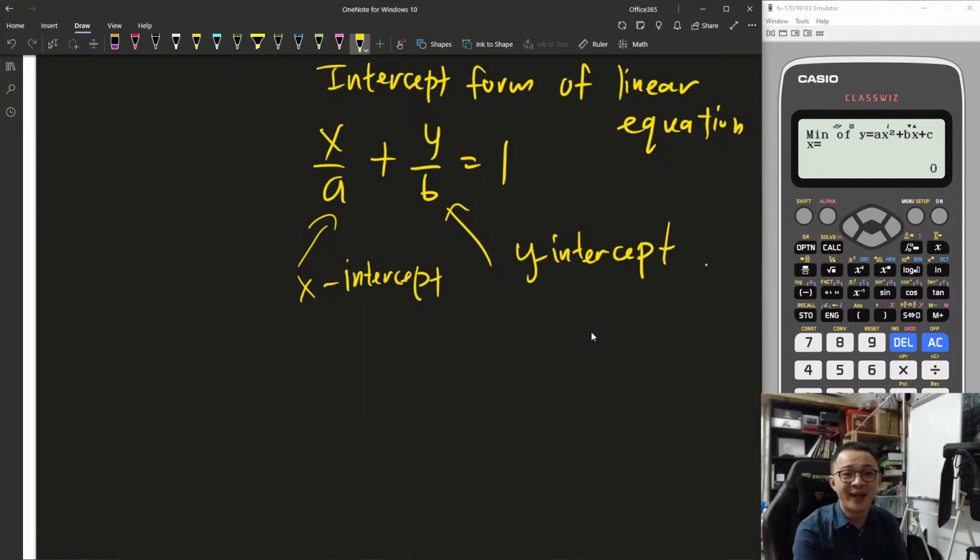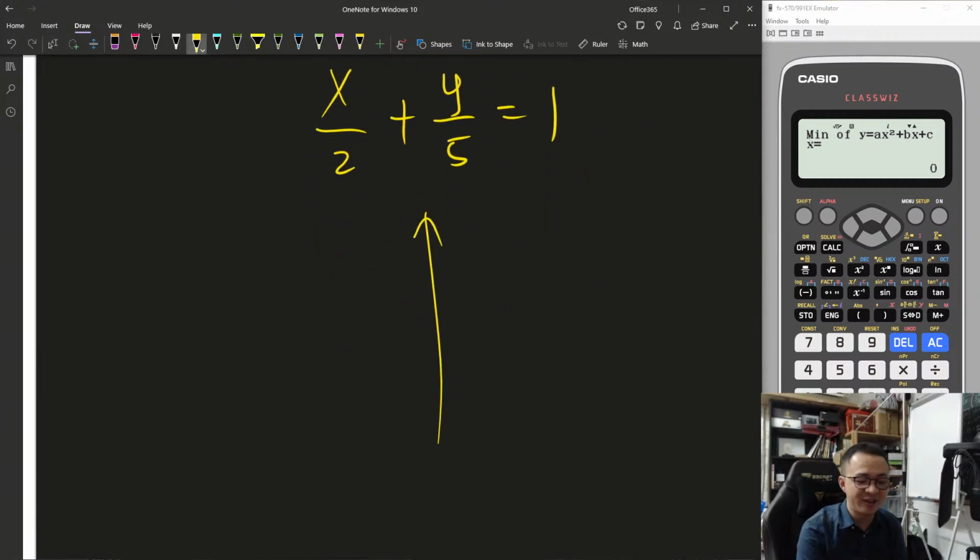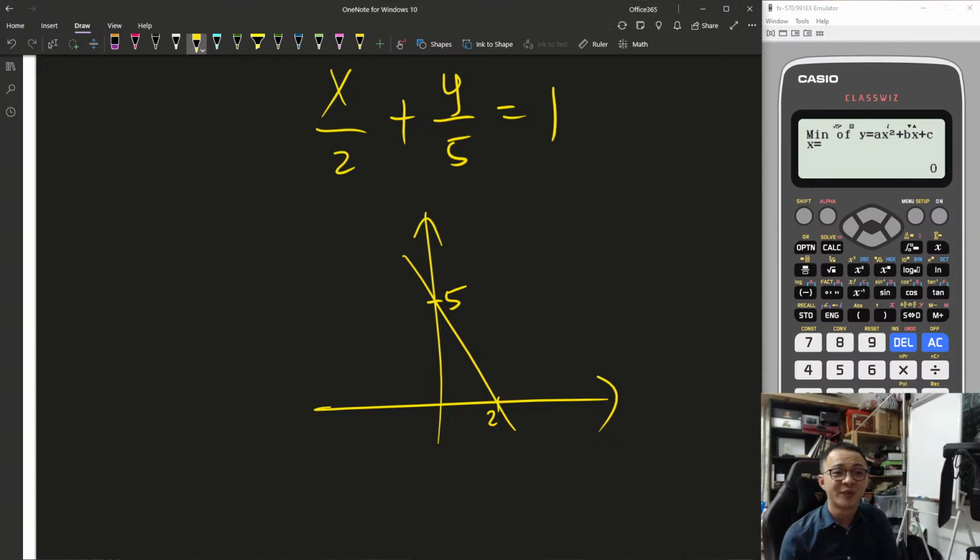In order to help Polga understand this one, I give you an example: x over 2 plus y over 5 equals 1. If I want to draw out this straight line, linear graph means straight line, right? I can get it very fast. This is 2, this is 5. So this is the equation of my straight line. You can see the x-intercept will be 2. That means the line will touch the x-axis at 2 and will touch the y-axis at 5.